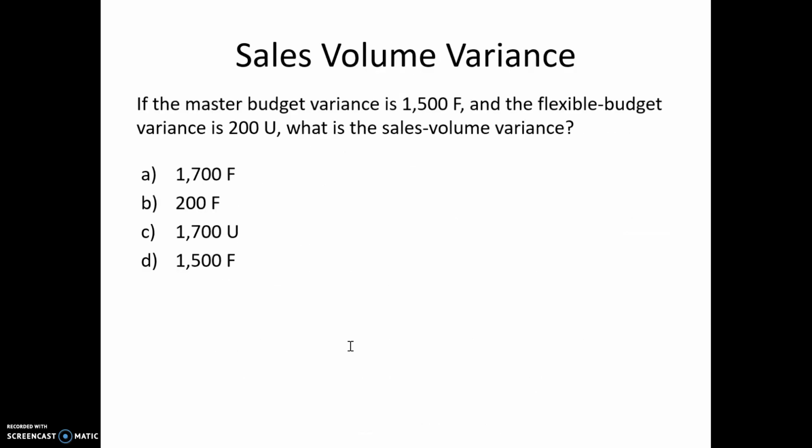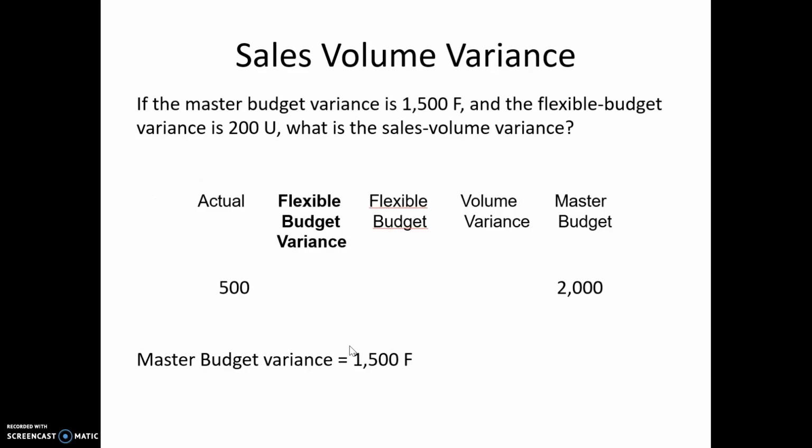So the master budget variance is 1,500. The flexible budget variance is 200 unfavorable. What is the sales volume variance? We know it's a 200 unfavorable variance due to things other than changes in volume. We want to look at how much of the master budget variance is due to changes in volume.